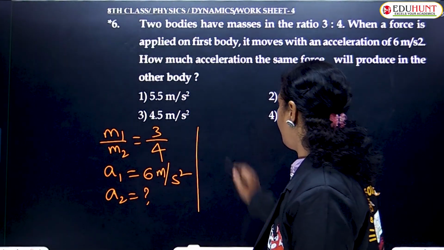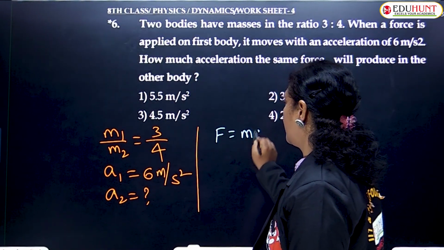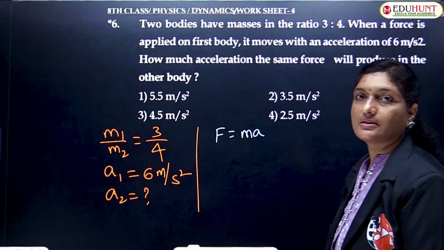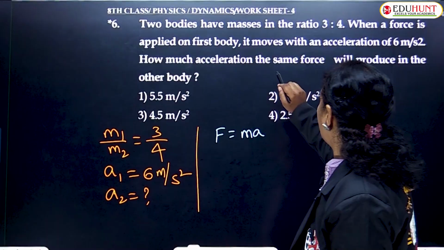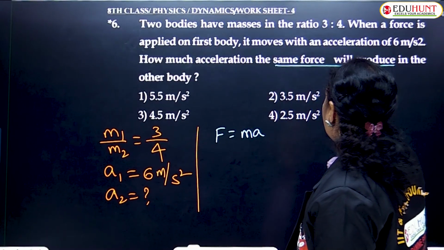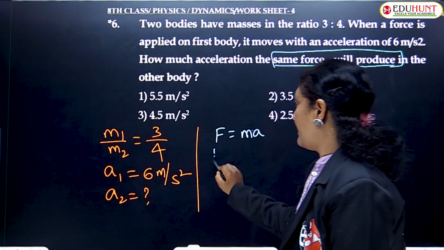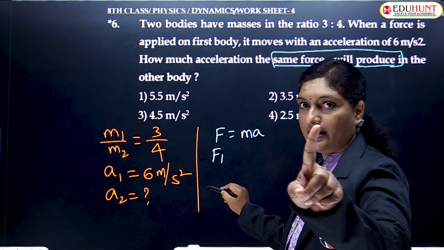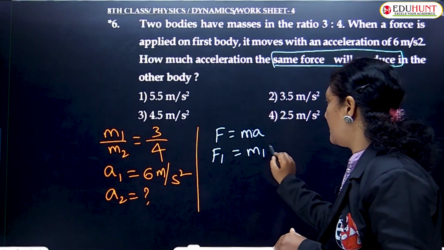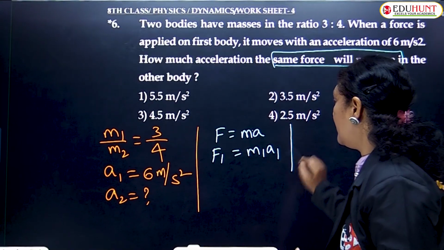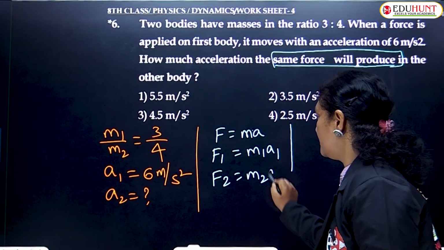Children, we know the formula F is equal to MA. Yes or no? F is equal to MA. But what we said was the same force will produce, same force. That means here force is the same. For the first body, let me represent it as F1. F1 is equal to M1 into A1. Similarly, F2 can be written as M2 into A2.